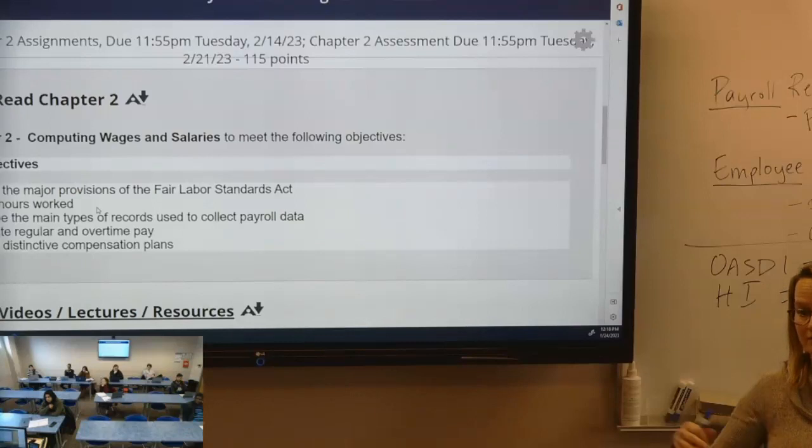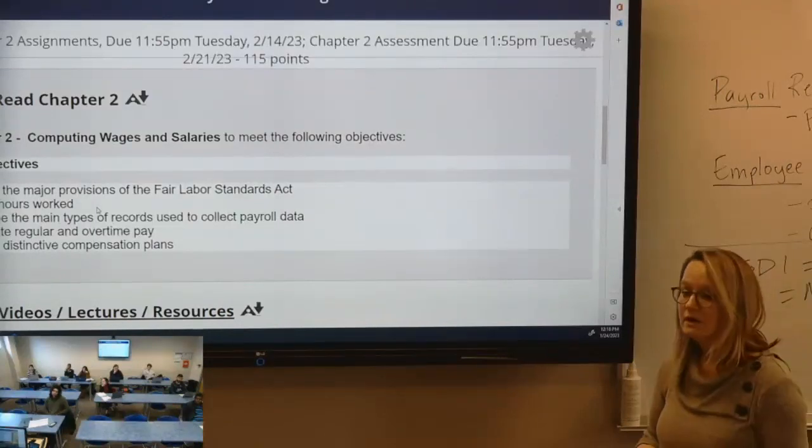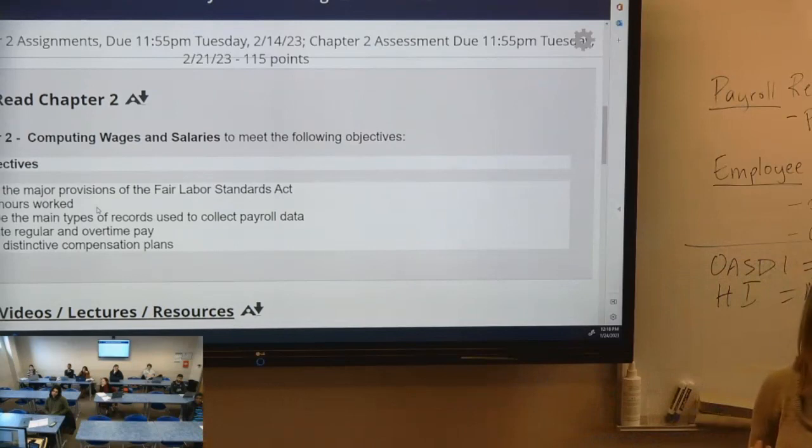Pilots on long flights, they get sleep. So is that hours worked or is it not? There are some special cases that we're going to talk about where we need to define what hours worked are. In most cases it's pretty clear cut, but there are some special circumstances.